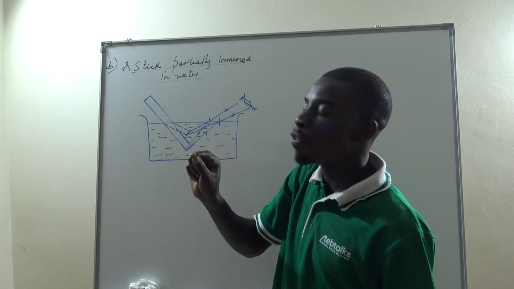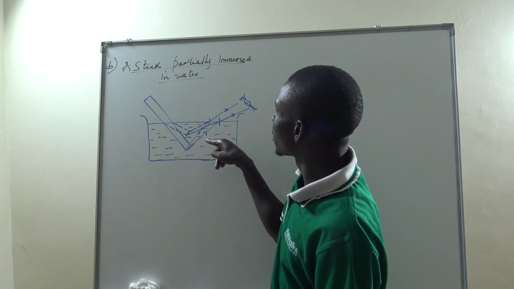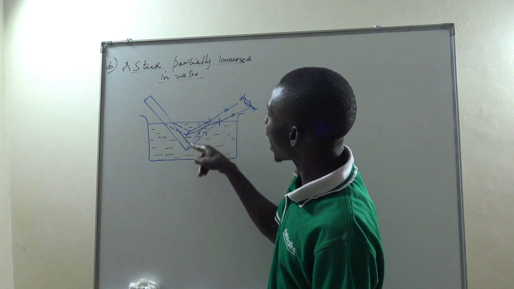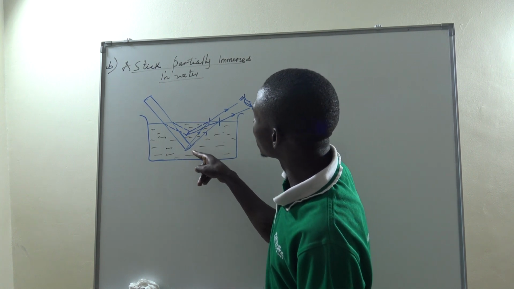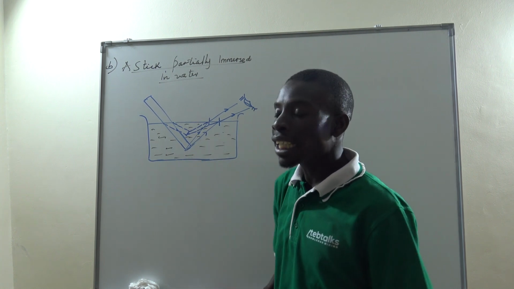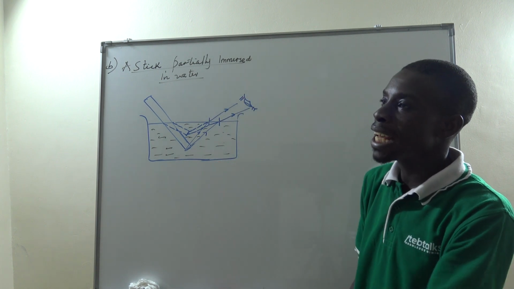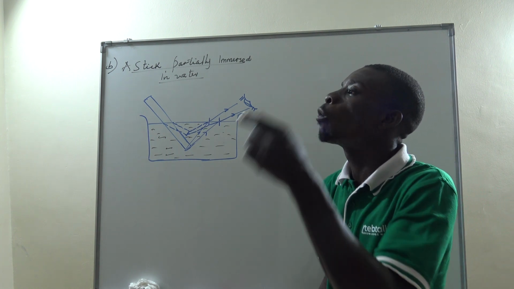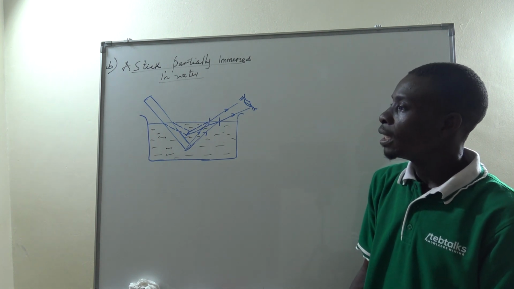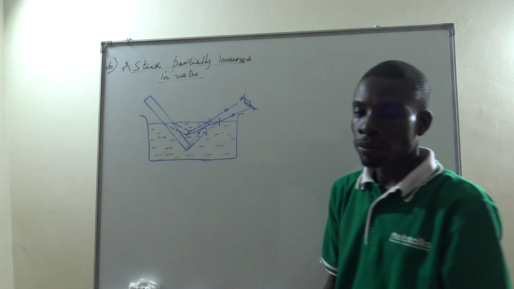But in the process of moving into your eyes, it is moving in two media. That is the water and the air. So as it is moving from water, which is more dense than air, we said that when light rays move from more dense to less dense, it is refracted away. It is refracted away from the normal.